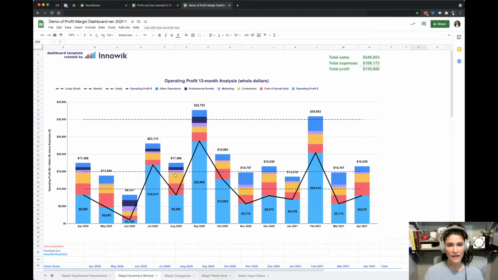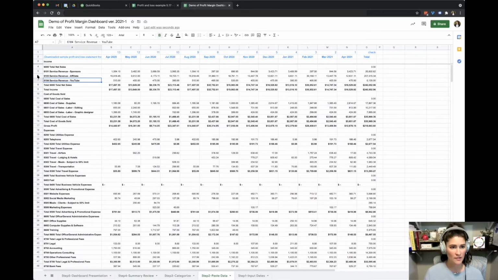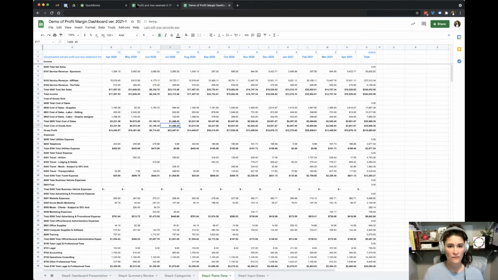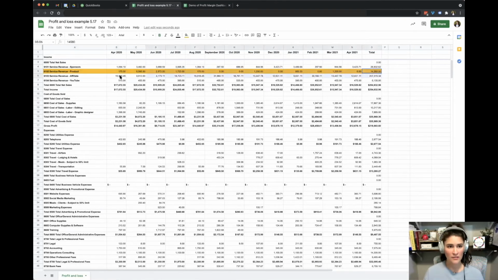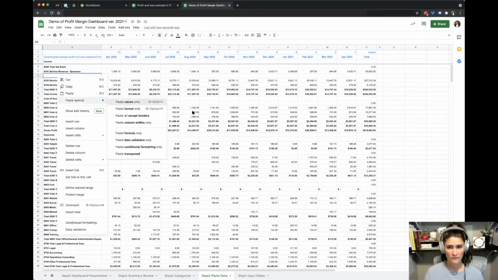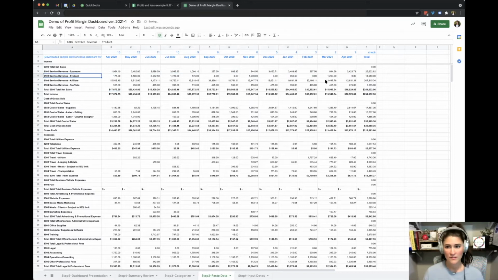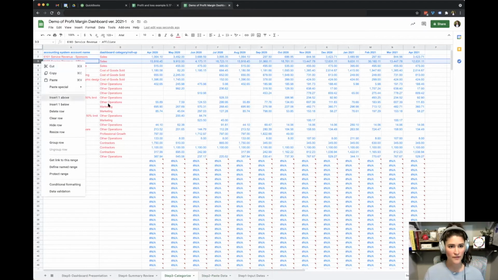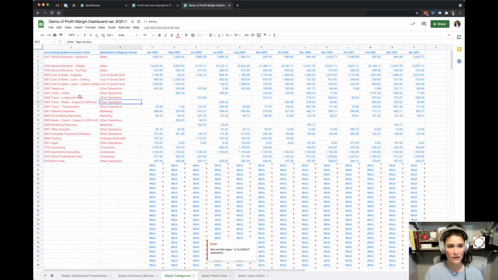So going back to the source, we're going to come in here and add a line and make sure that we include that data. So now it is incorporated, and then we need to make sure that it's also got a roll-up category as well.